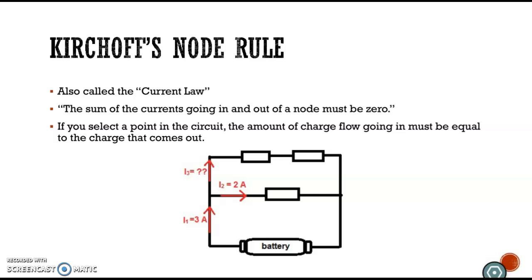If you select a point in the circuit, such as this node here, but you could also do it just fine with that point there, the charge that flows into this point has to be the same as the charge that flows out of that point. In the case of this circuit, where we have 3 amps going in here and 2 amps going out here, that means that the remainder of this charge must be going up through here, so this I3 must be 1 amp.